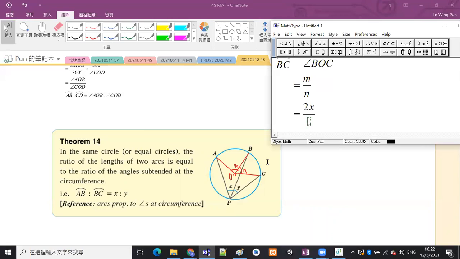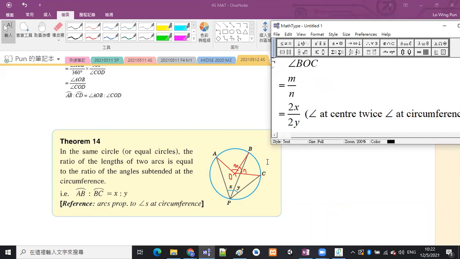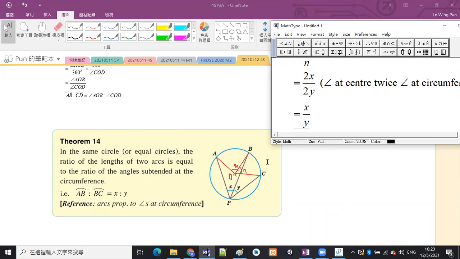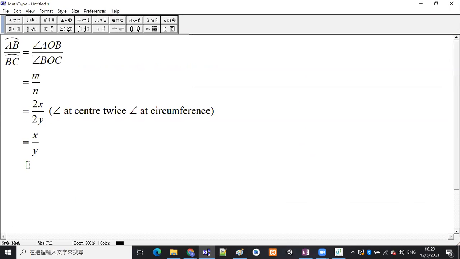And then n is also equal to 2 times y, for the same reason, angle at center twice angle at circumference. Therefore, when you cancel out the 2, you've got x over y. Can you see this? Okay.